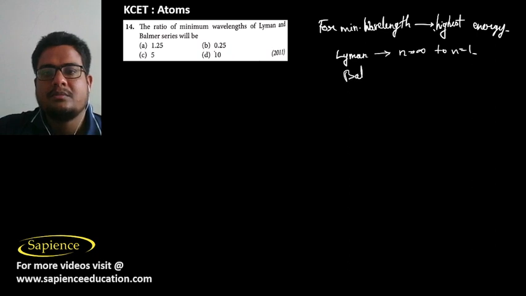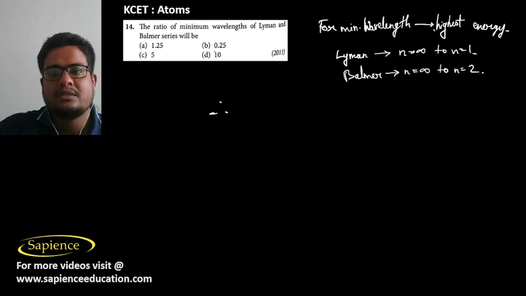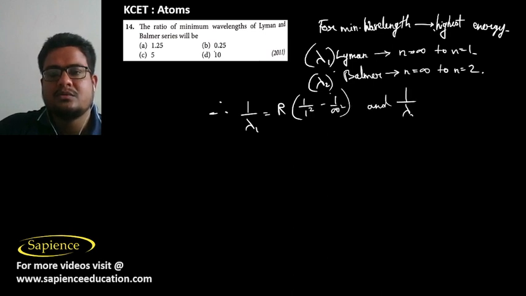And in the Balmer series, the highest energy transition will happen when the electron goes from n equal to infinity to n equal to 2. Let's suppose the minimum wavelength in the Lyman series is lambda 1 and in the Balmer series is lambda 2. Therefore 1 by lambda 1 is equal to R into 1 by 1 square minus 1 by infinity square, and 1 by lambda 2 is equal to R into 1 by 2 square minus 1 by infinity. Therefore 1 by lambda 1 is equal to R, and 1 by lambda 2 is equal to R by 4.